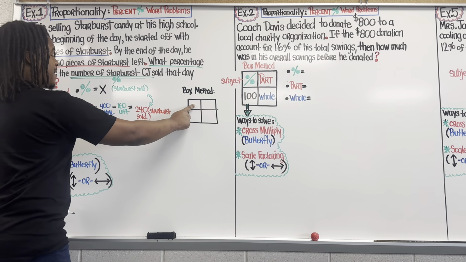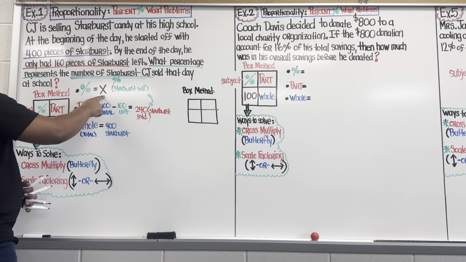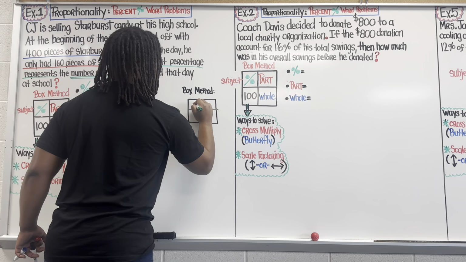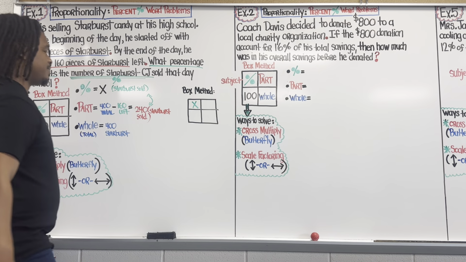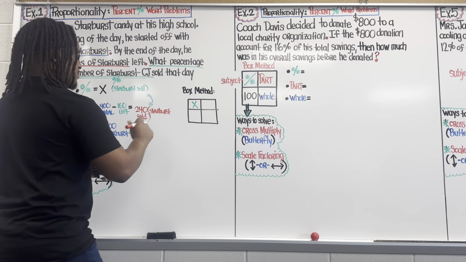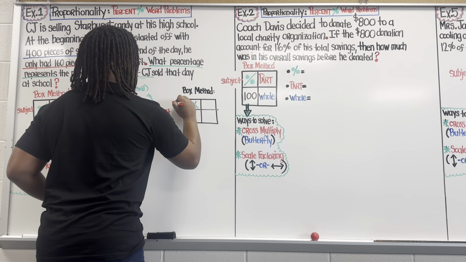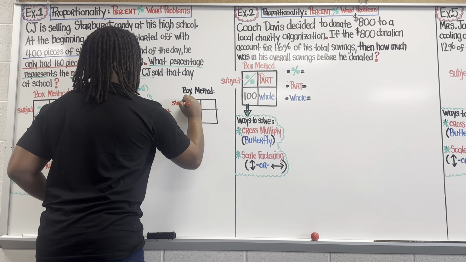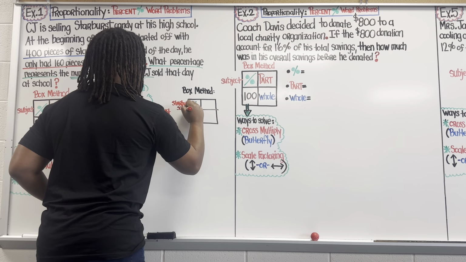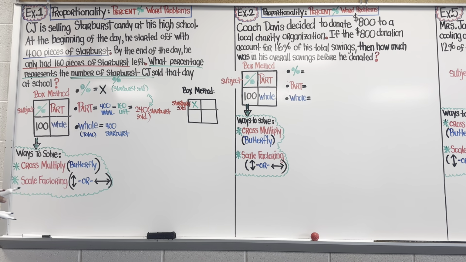So the top left box is the percentage, right? We don't know the percentage, so we label that as X. So I'm going to put an X right here representing the percentage, okay? And then once again, guys, the subject line is the Starbursts sold. The subject line represents the number of Starbursts sold, or the percentage of Starbursts that were sold.